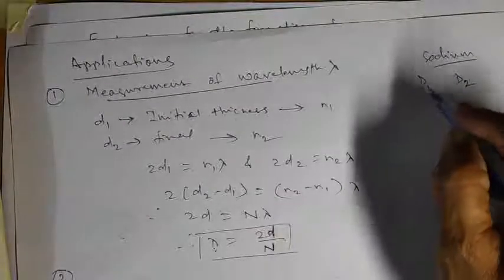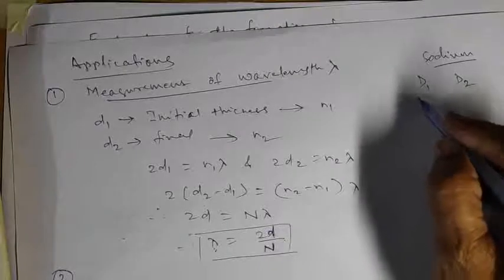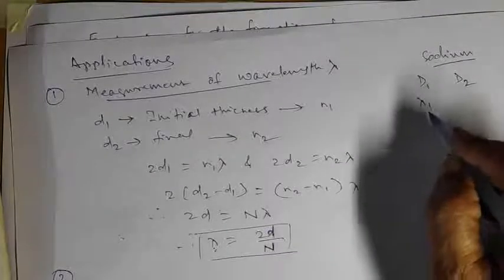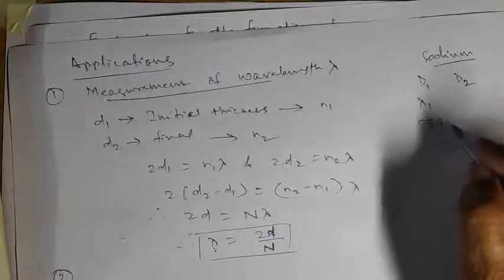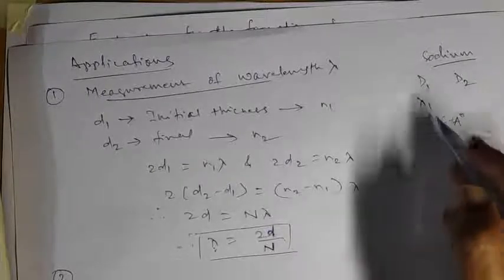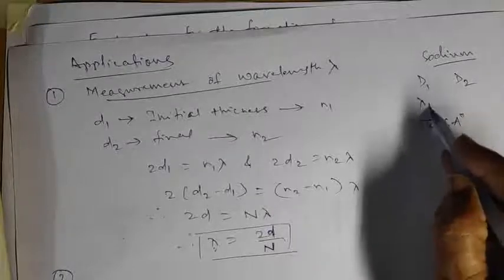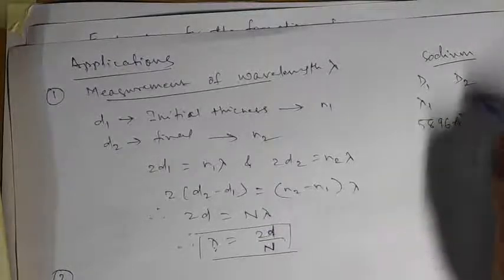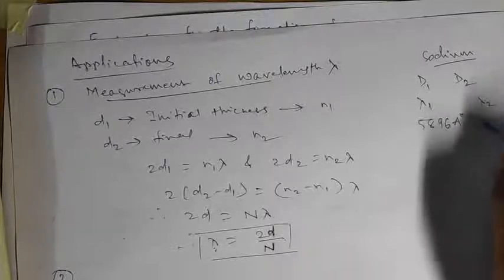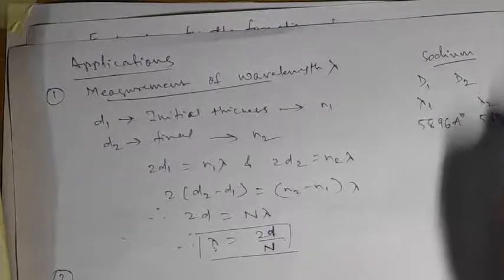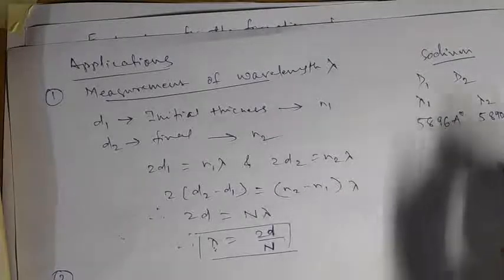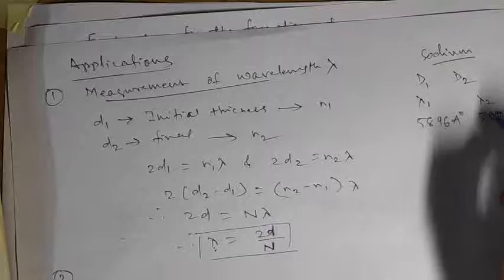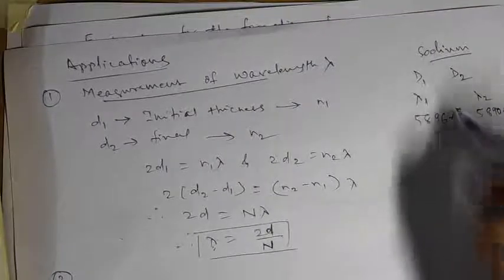One wavelength is lambda 1, which is equal to 5896 Angstrom units. Lambda 1 is taken as greater, and another is lambda 2, which is equal to 5890 Angstrom units.